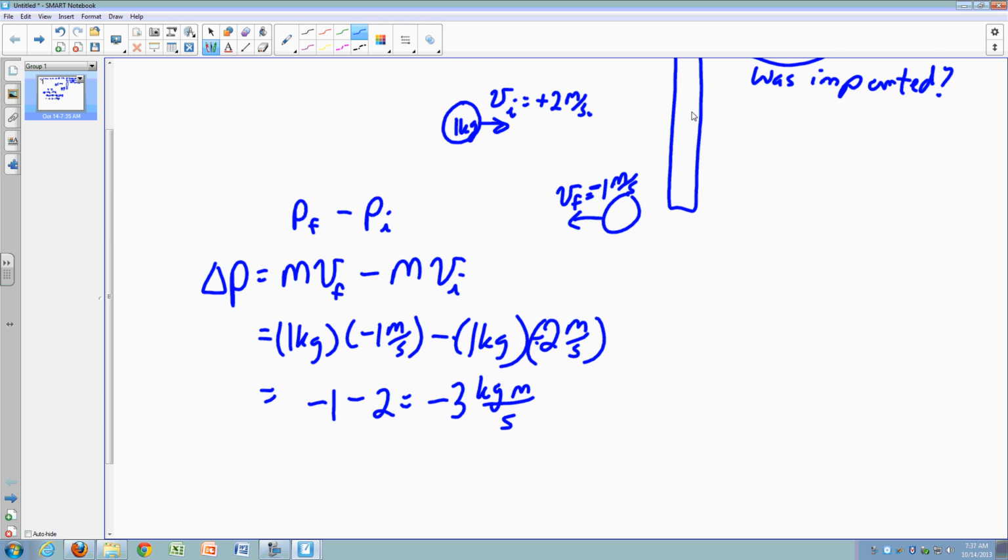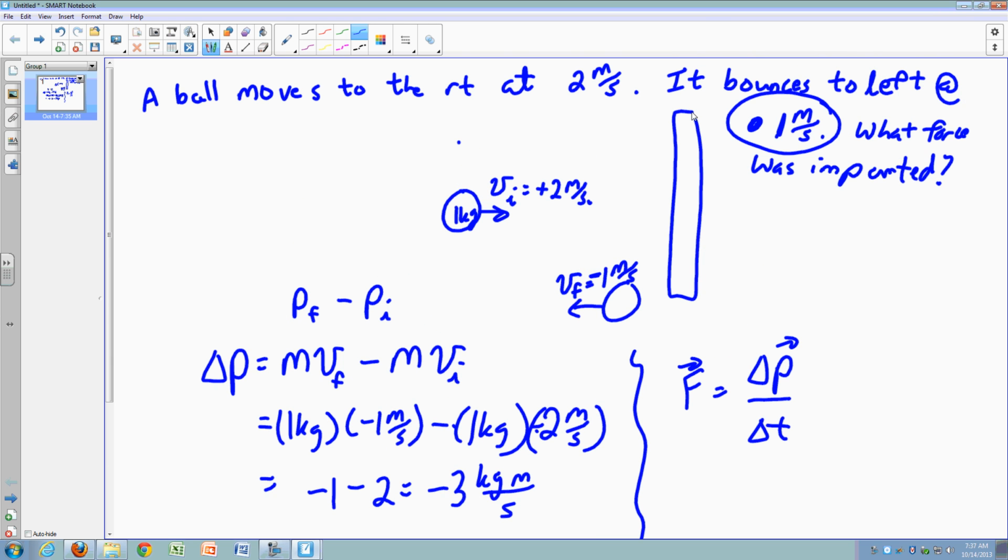But then if I want to know the force, my force is the change in momentum over the change in time. And let's say this occurred in, I don't know, t equals 0.1 seconds. So in the problem, I would say this collision occurred over a tenth of a second. Then you would just plug that in.